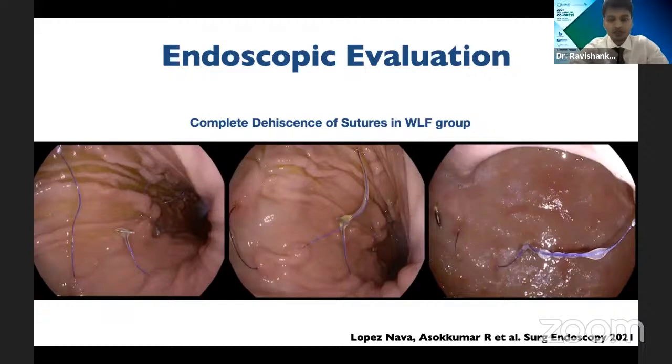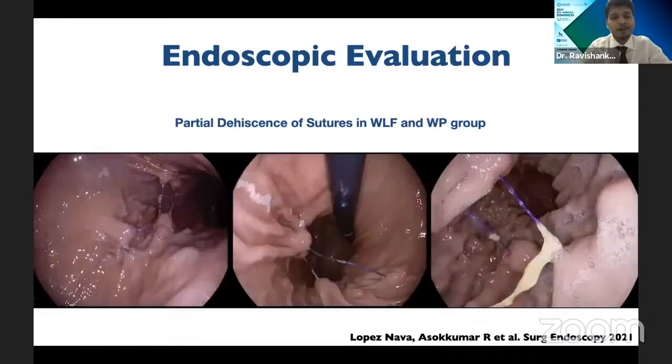When we performed endoscopy in this group of patients, especially in the weight loss failure group, we noticed the sutures are completely dehisced. The sleeve orientation is no longer maintained, and all the transmural sutures have given way. In some patients, we do observe partial dehiscence, which means you still see sutures holding the tissue. To some extent, the sleeve configuration is maintained, but the majority of the sutures that are proximal have opened up.